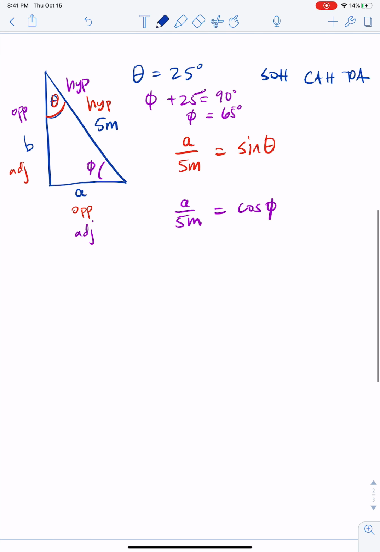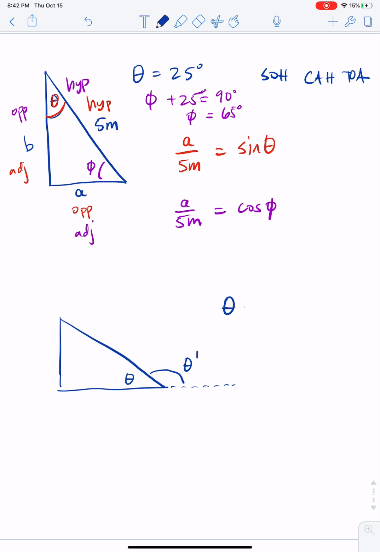And then one other point that I want to make is that if I've got theta here, I've also got this other angle here, which I'm going to call theta prime, okay? And we know from geometry that theta plus theta prime is 180 degrees. So you can find this inner angle or this outer angle from the same one.